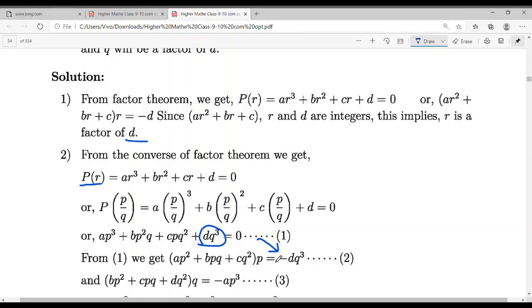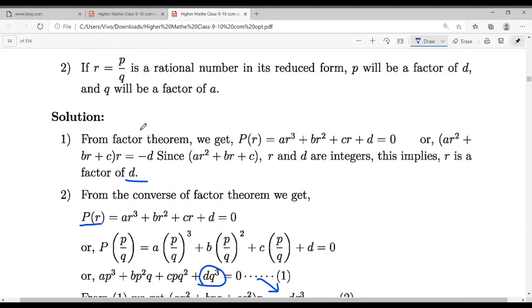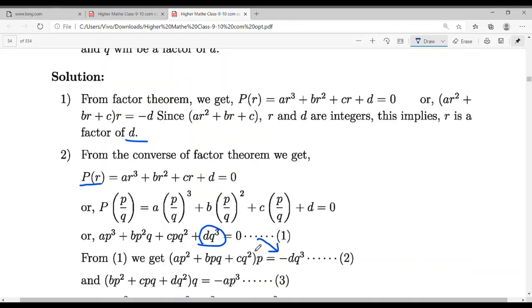From here P and this are integers, because R is of the form P by Q, and we know P and Q are integers in the case of a rational number. So these two are integers.